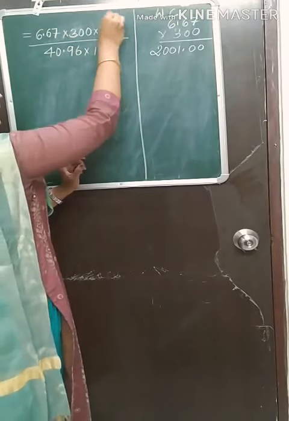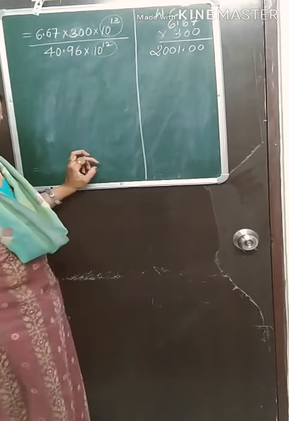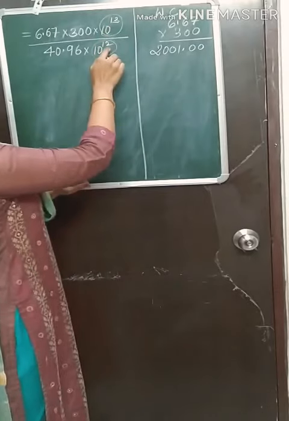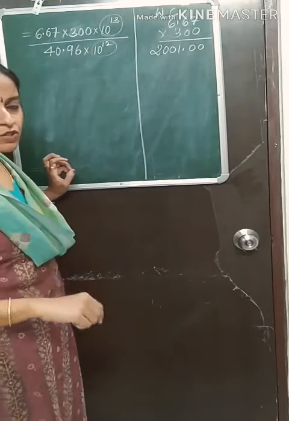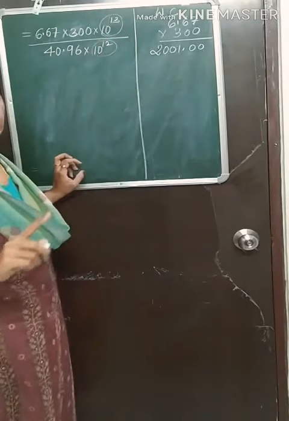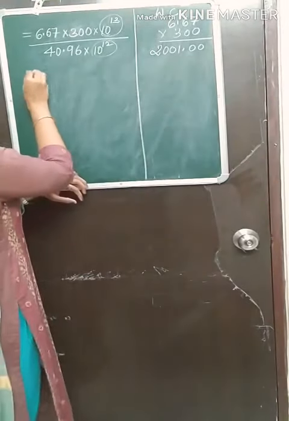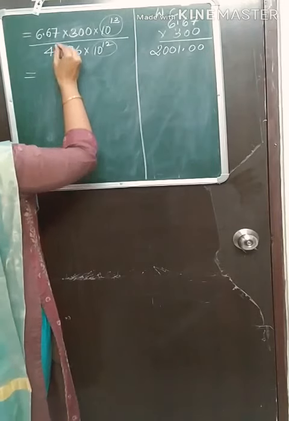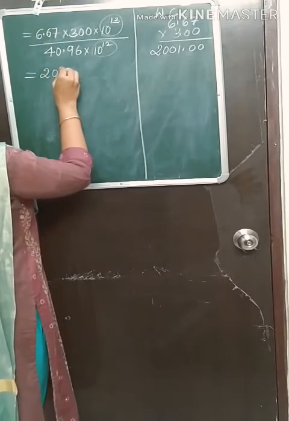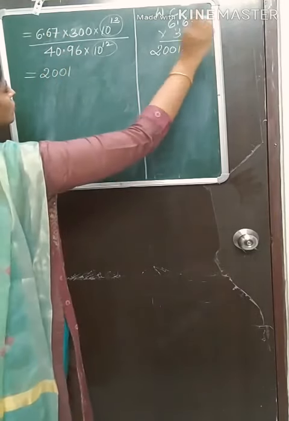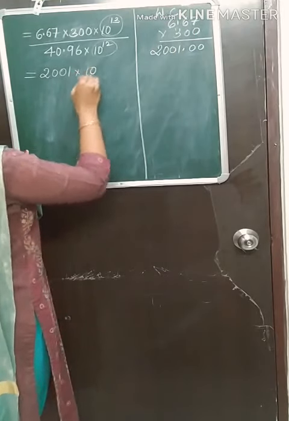Now 10 raised to 13 and 10 raised to 12 upon. If 12 goes up, it will be minus 12. 10 raised to 13 minus 12, 13 minus 12 is 1, so we got 10. So we got 2001.00, which we can neglect, into 10.